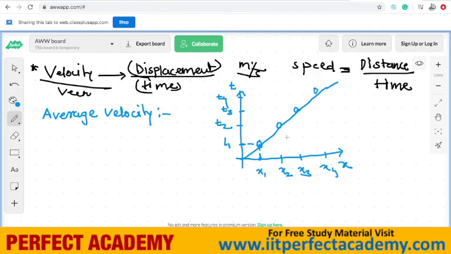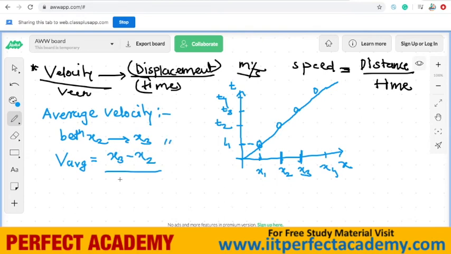Now if I find out the average rate at which the particle was moving between x2 to x3, it is given by average velocity, which is x3 minus x2, that is final position minus initial position for this limit, divided by the time taken by the particle.